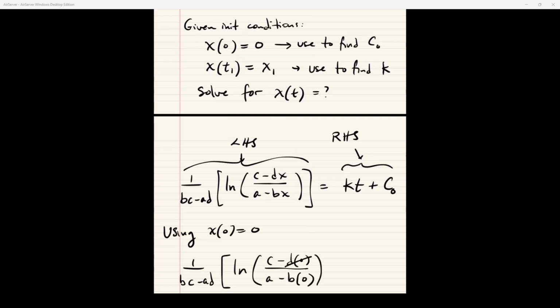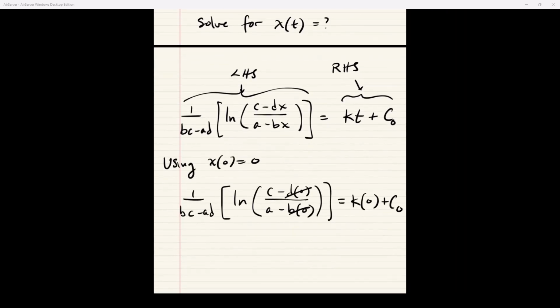So of course, these are 0. And that would equal k times 0 plus the initial c naught, the arbitrary constant of integration. So of course, k times 0, that's also 0. So I have 1 over bc minus ad times the ln of c over a is equal to c naught. So that arbitrary constant of integration, it's this guy.